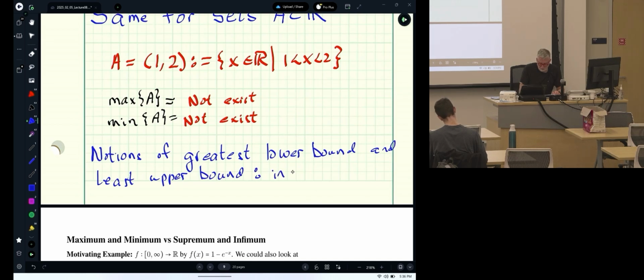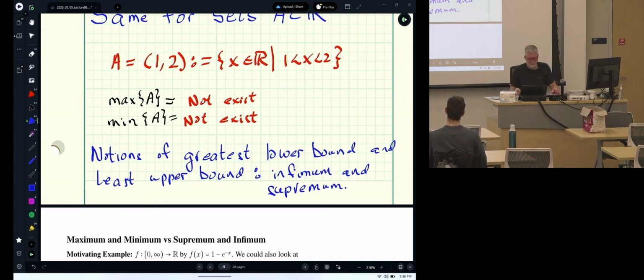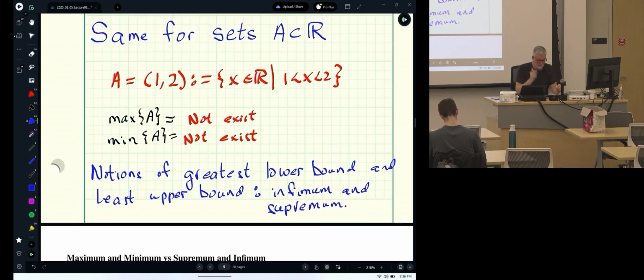And these go by the terms infimum and supremum. And so here, as an example, what's the smallest upper bound for all elements of that set? Well, it's sitting right there in front of us. It's 2. And what is the greatest lower bound for all elements of that set? It's sitting right in front of us. It's called 1. And so this would be the infimum, and this would be the supremum.